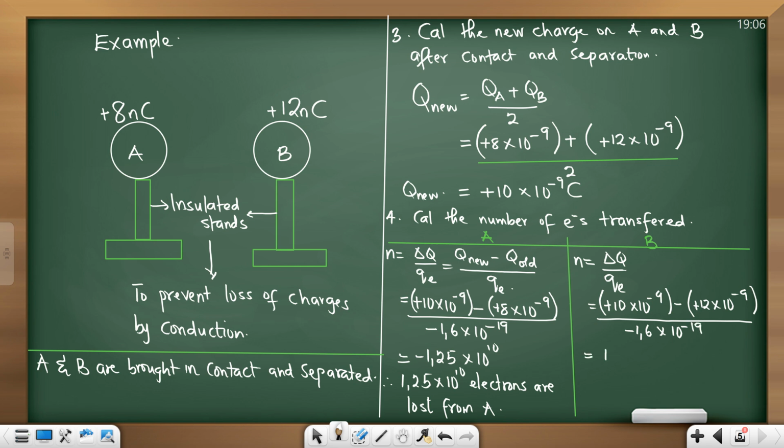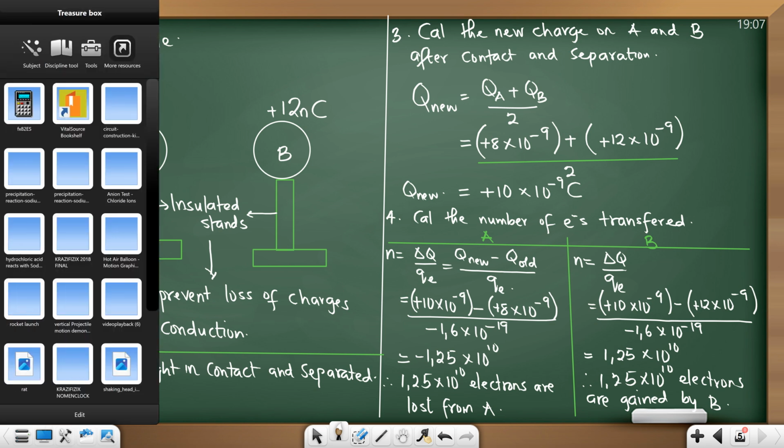I promise you are going to have a positive answer, which therefore means that what? 1,25 electrons were received. Because our answer is positive, electrons are gained by B. Can you see? A loses electrons and B gains the electron.